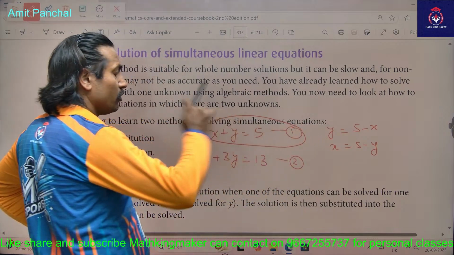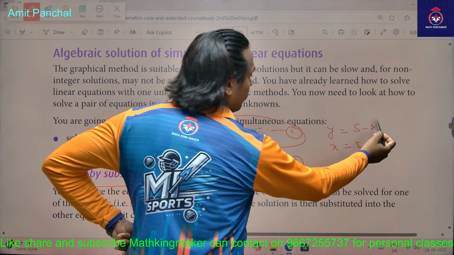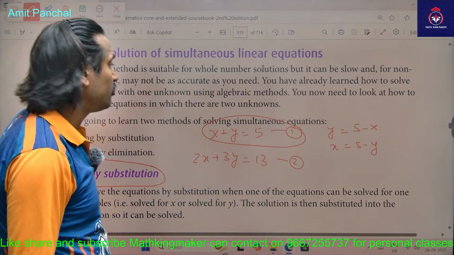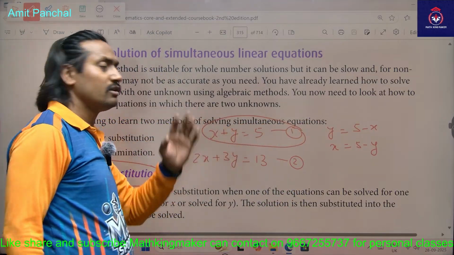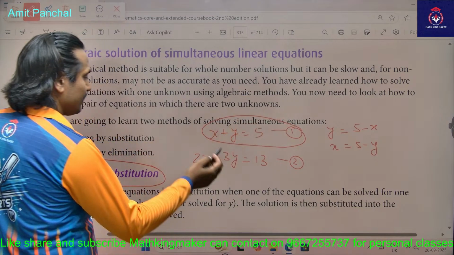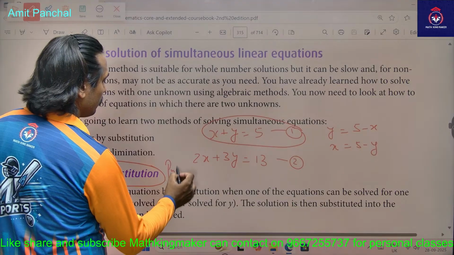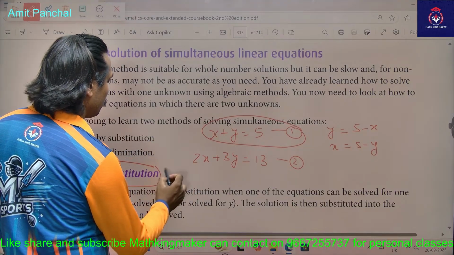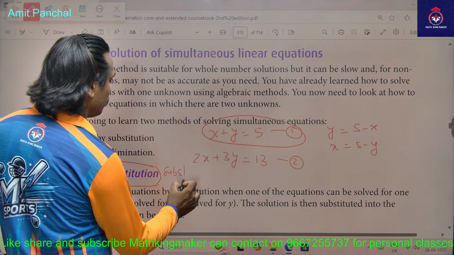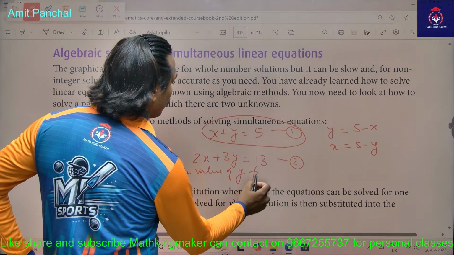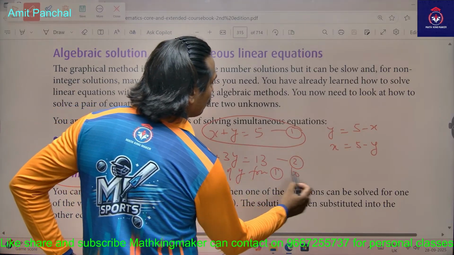So what you are going to do is take the value of y from equation 1, or the value of x from equation 1, and put it into equation 2. Let us say substituting the value of y from 1 to 2.